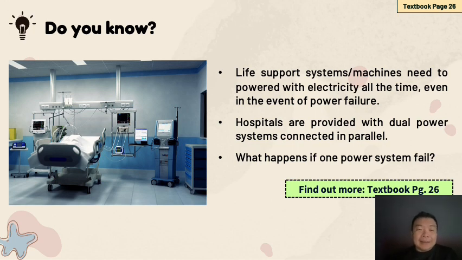Alright, and in the last slide over here, we can see that in hospitals, when we cannot afford to have a blackout, because there are life support machines that need to be powered with electricity all the time, there's often a dual power system or even triple power system.